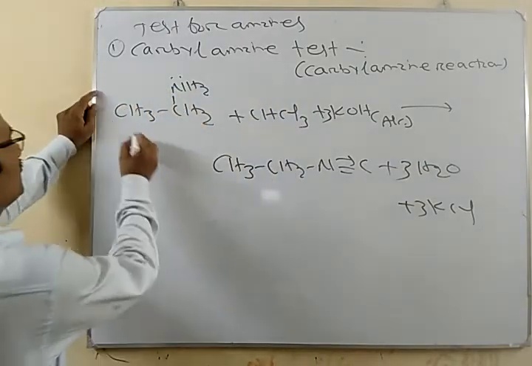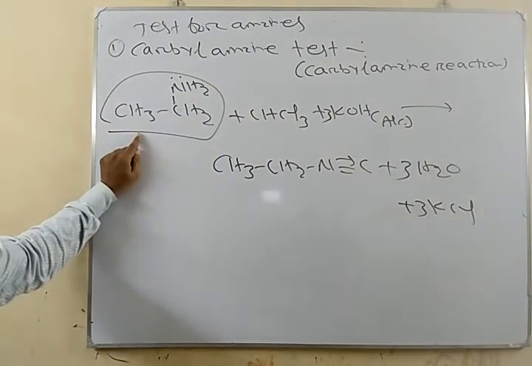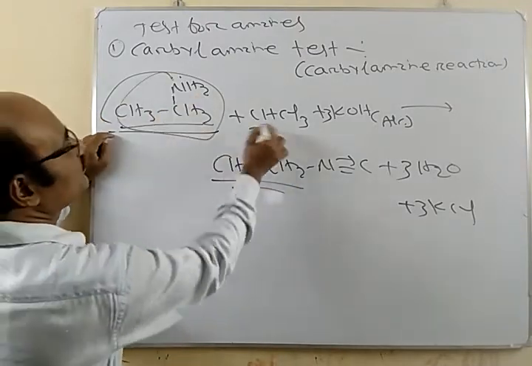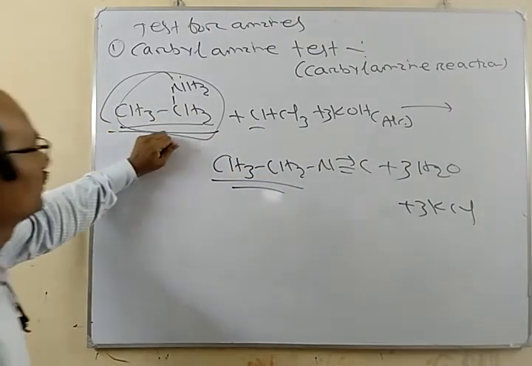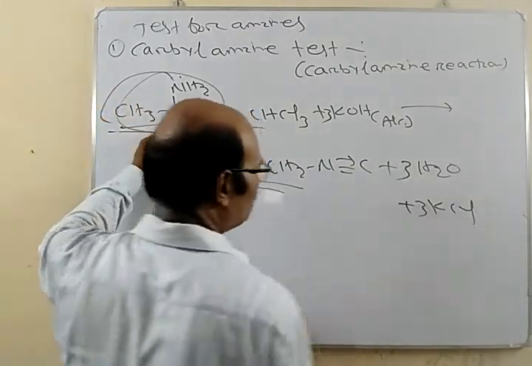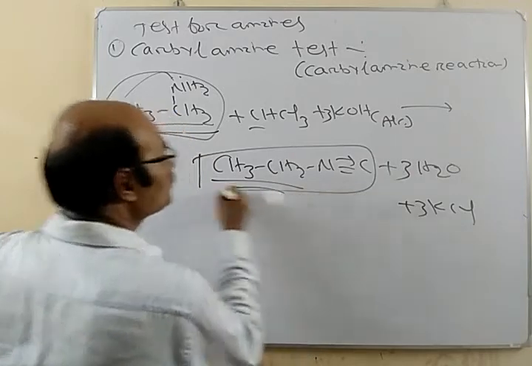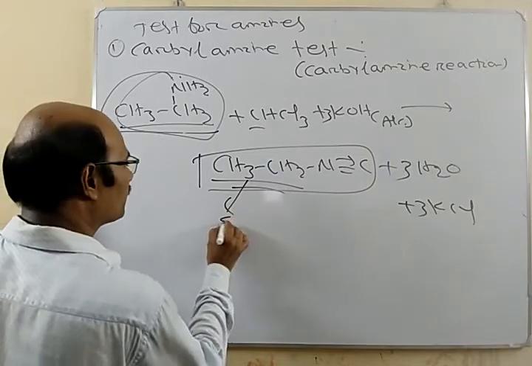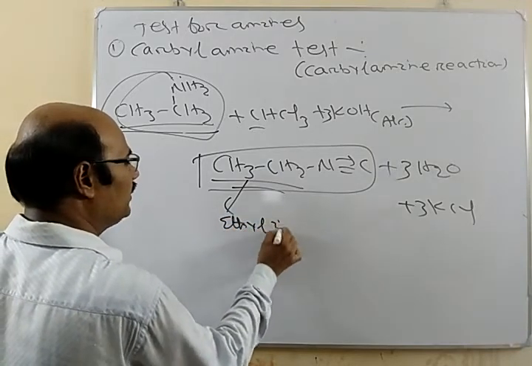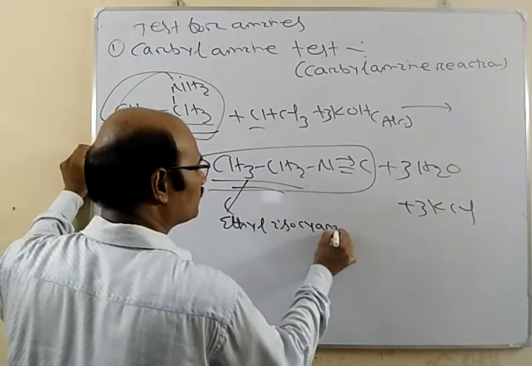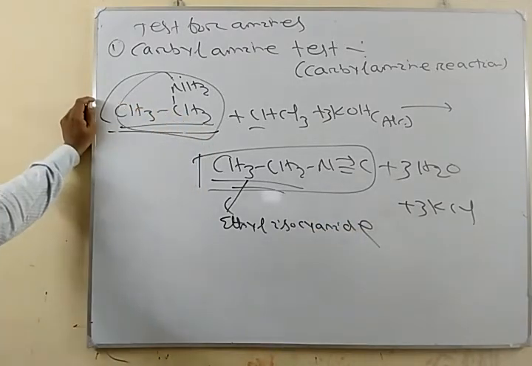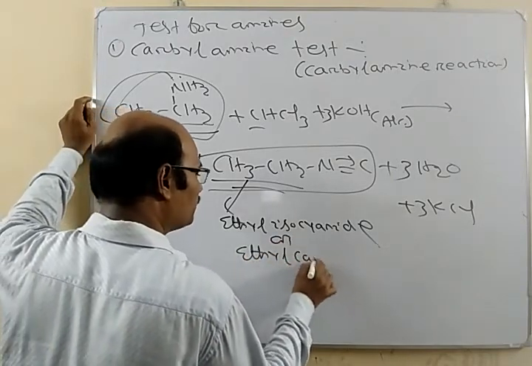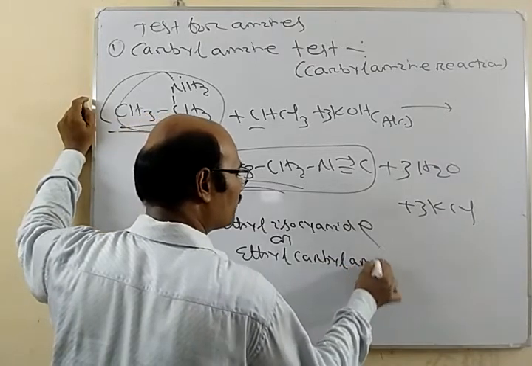Now see, CH3CH2NH2 is ethyl amine, and the product is CH3CH2NC. This isocyanide is called ethyl isocyanide, or ethyl carbylamine.